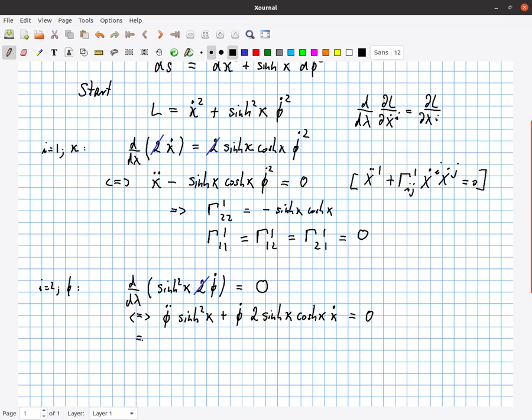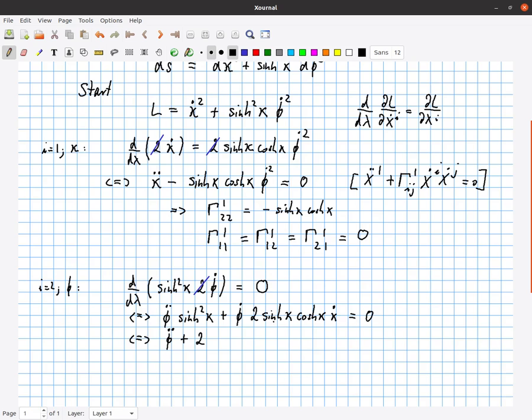And this is also equivalent to dividing by sine hyperbolic squared kappa: phi double dot plus 2. There are two sine hyperbolics here.